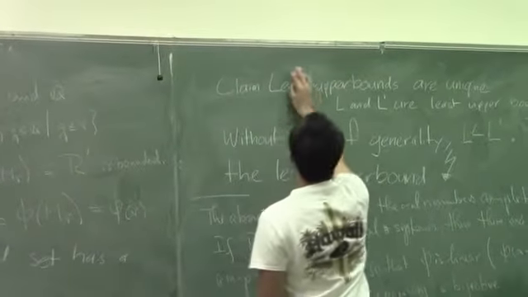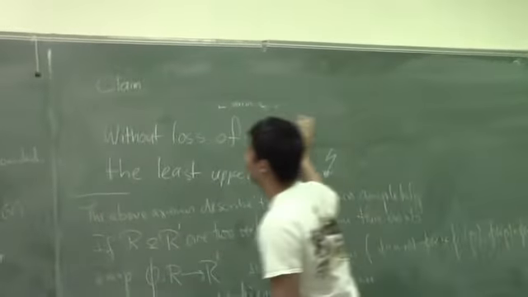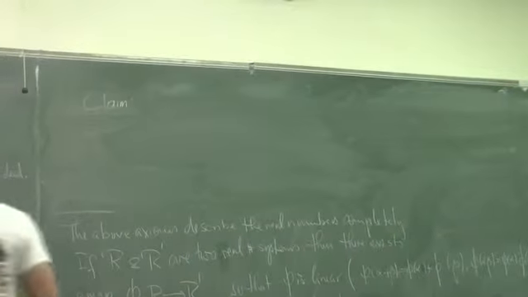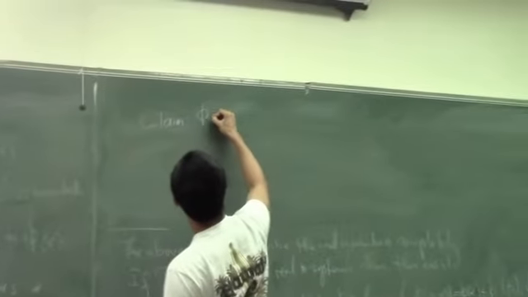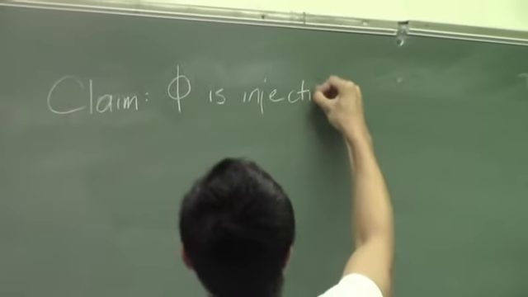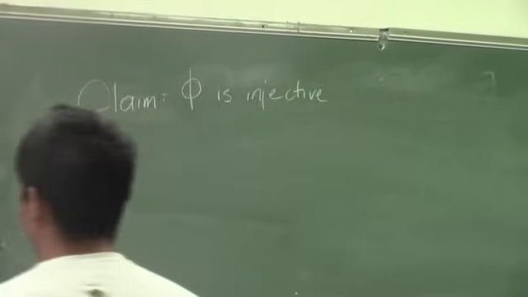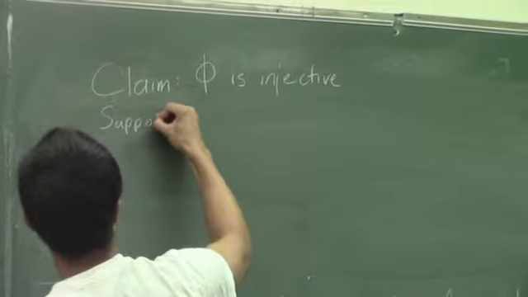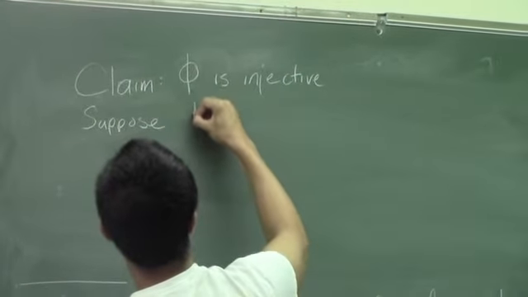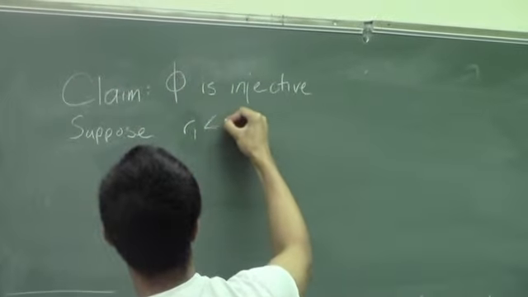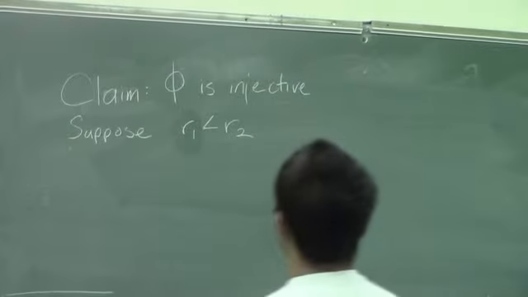Claim: phi is one-to-one. Okay, you want to show, start, say, suppose r_1 is strictly less than r_2.